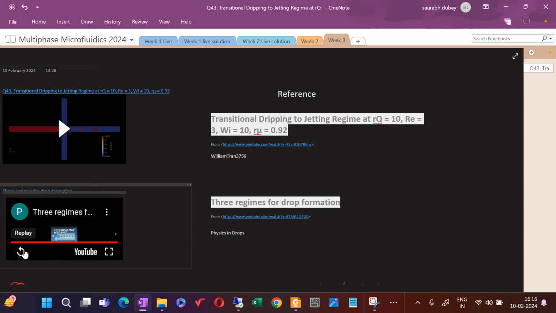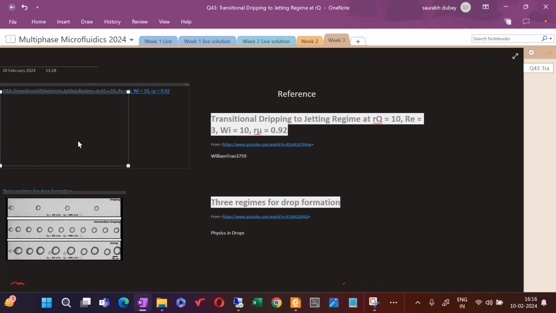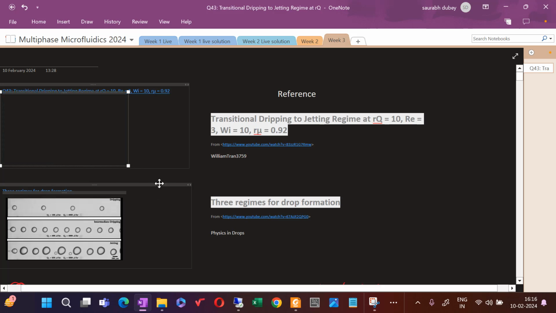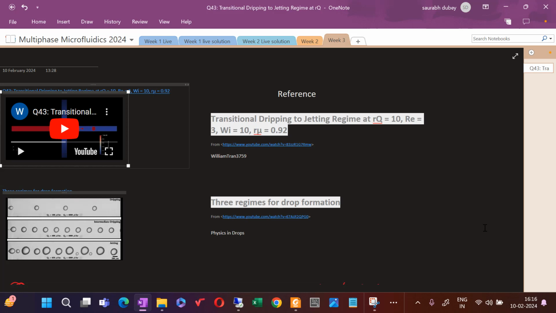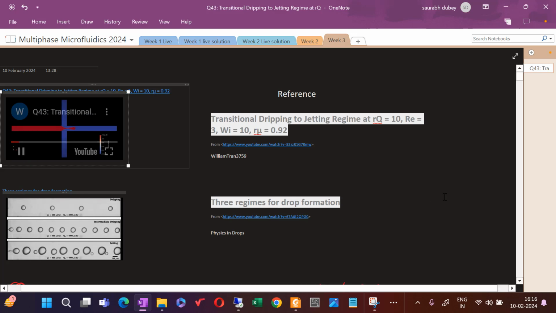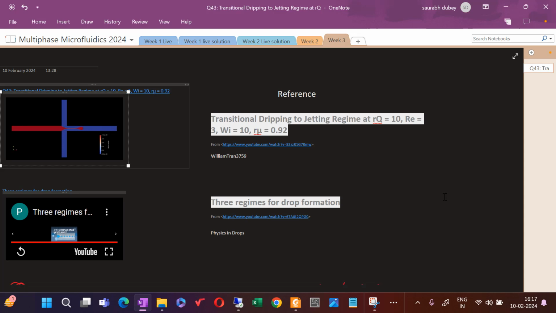If you see this, it explains the interface tracking thing. The fluid is going and one drop is forming in the continuous medium. You see there is a distinct interface between the drop and the continuous medium. But if you want to get that theoretically, you have to have some function that tells the numerical code that this is this medium and that is that medium, so that an exact interface comes up.